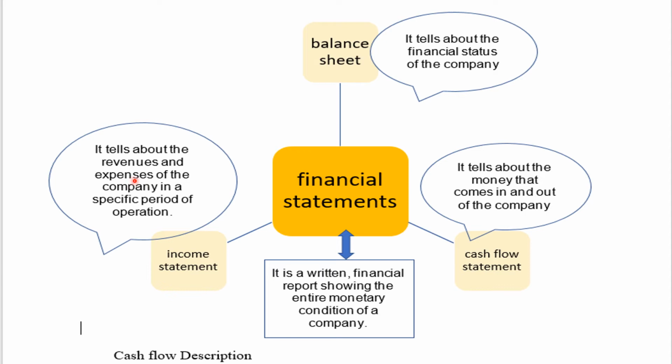Expenses, ano to, hambal ko nga mga expenses: salary expense, utilities expense, water, electricity, telephone, rent expense, din na makita sa income statement, ha? So, income statement usually is prepared weekly or daily or monthly because it shows the revenues and expenses of the company in a specific period of operation.